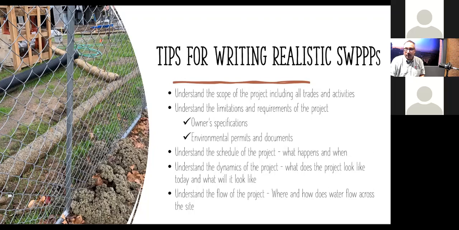So let's talk about these five understandings that are important. One is to understand the scope of the project. And by that, we mean what trades are going to be there. Because every activity, every trade has a potential impact on stormwater quality, on the quality of the runoff from the site. Even electricians, who many times don't even get mentioned in SWPPPs, can have a negative impact on water quality.